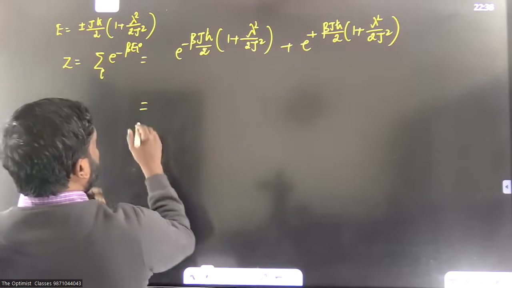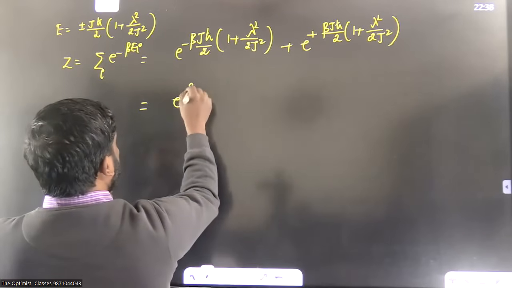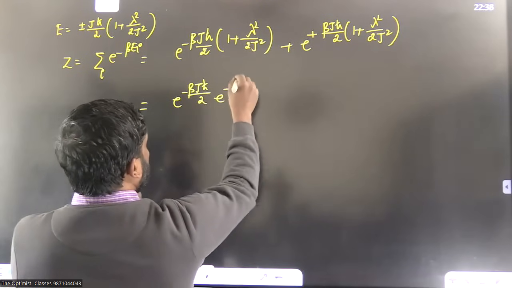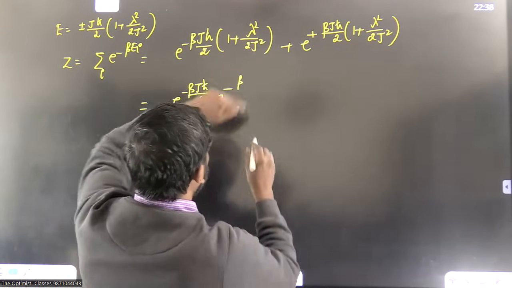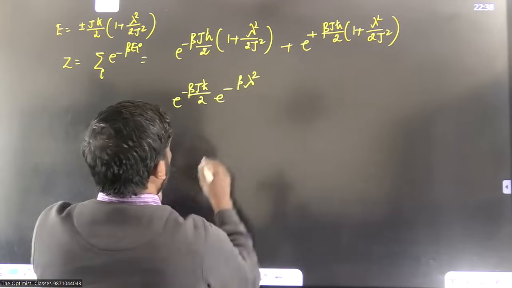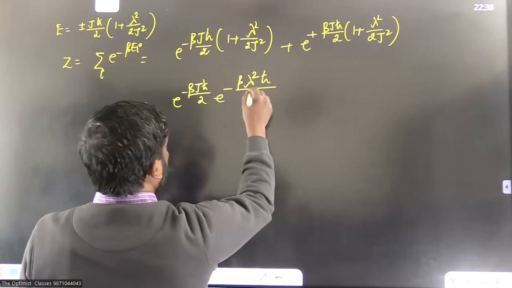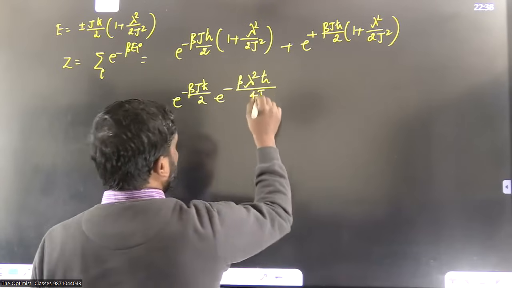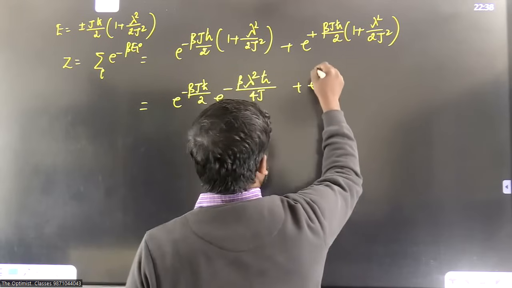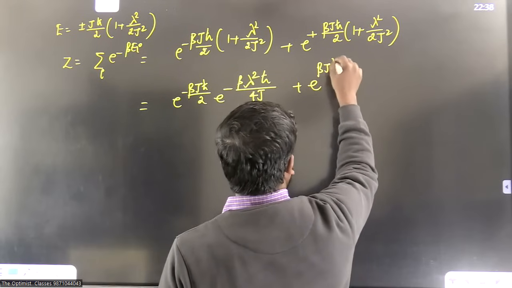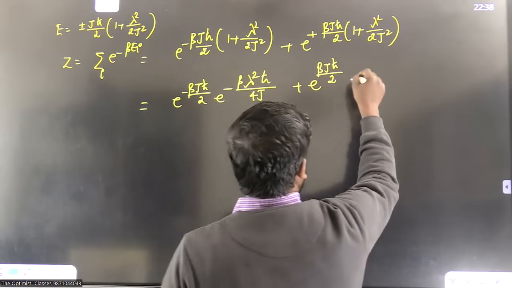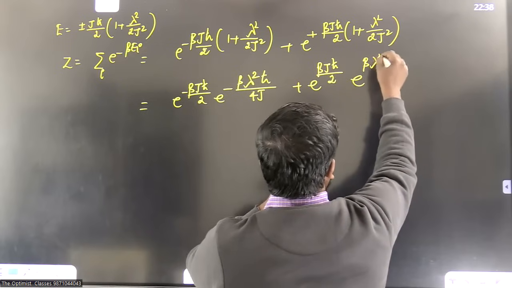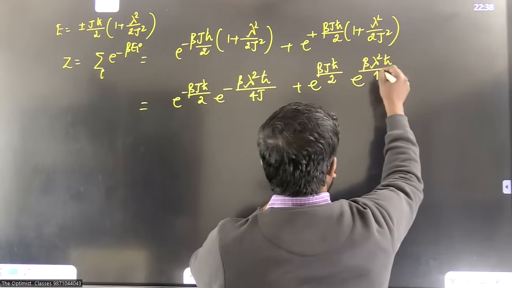Here we can write e to the power minus beta J h bar by 2 and e to the power minus beta, and the J will cancel out, so lambda square h bar divided by 4J we will get here, plus e to the power beta J h bar by 2 and e to the power, when you multiply these two, beta lambda square h bar upon 4J.